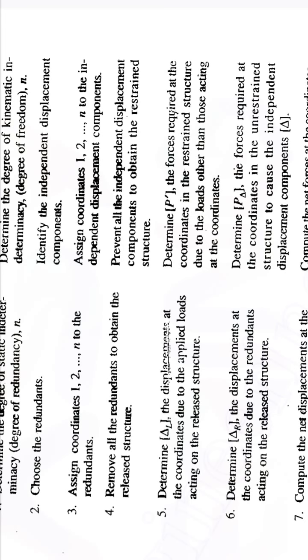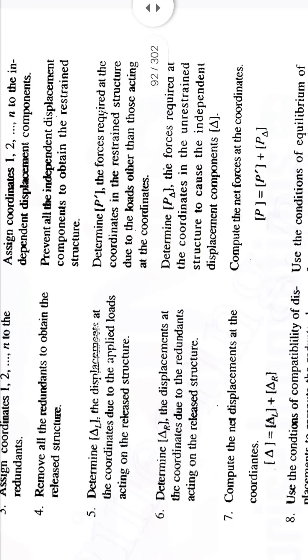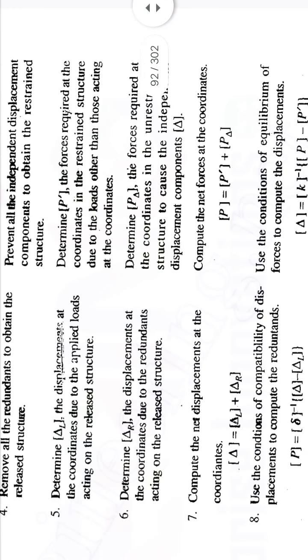Next, sixth point, determining the displacement at the coordinates due to the redundants acting on the released structure. This delta R is the displacement due to the redundants which are acting. Next, determine the forces required at the coordinates in the unrestrained structure to cause the independent displacement components.